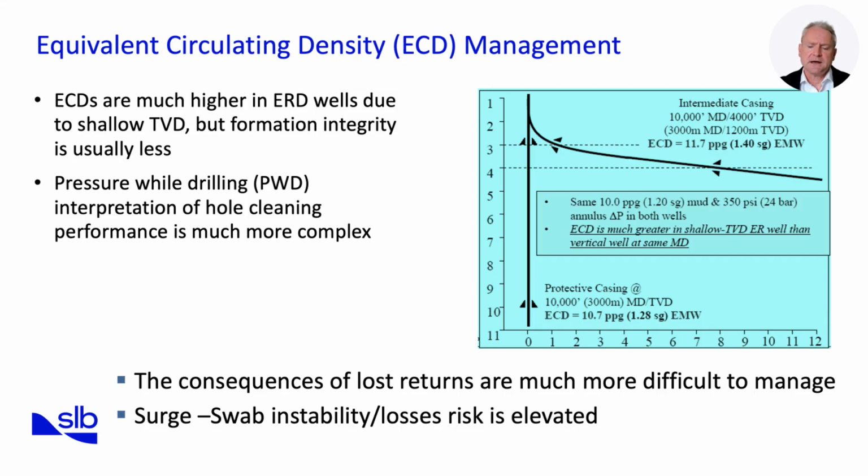On the right, we have an ERD well drilled to the same measured depth of 10,000 feet, but the true vertical depth is only 4,000 feet. With the same mud weight and the same pressure loss, the ECD is 11.7 ppg. So why is it higher in the ERD well? Because the same annular friction is applied over a shorter vertical column.